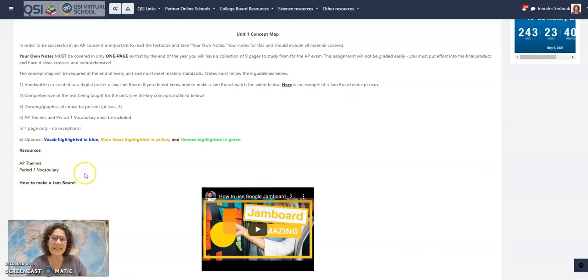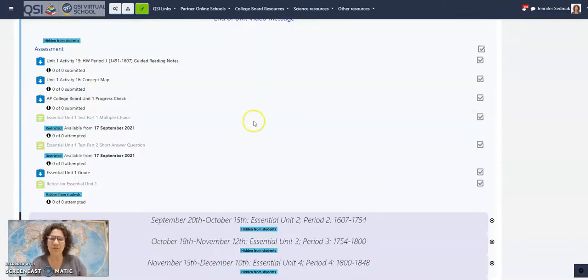And if you've never made a digital poster or concept map, you can watch this little instructional video here on how to create a Jamboard. It's really fun if you want to do this activity digitally. But again, the whole idea is that by the end of the year, you have just 9 pages of notes that you could study from before the big AP exam.